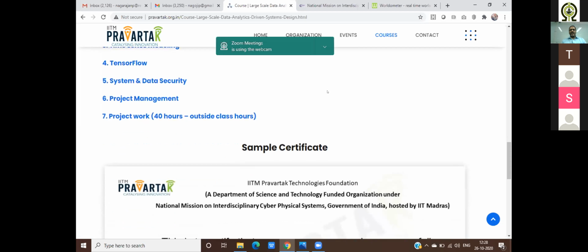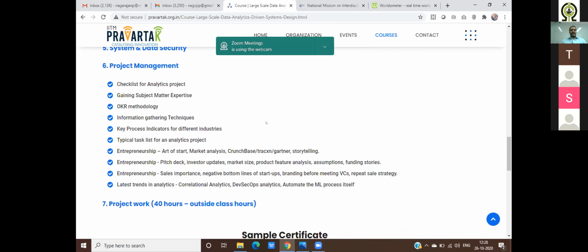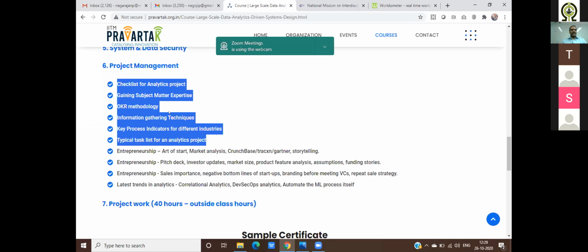And another thing we have noticed, especially in almost every sector, is that people know the technology, but how to tie it to a project, how to make it as a project, how to make the project successful. What are the different key process indicators of different industries? If I have to work for, say, insurance industry, if I work for agriculture industry, what should I do? So we will take the project management aspects of it.